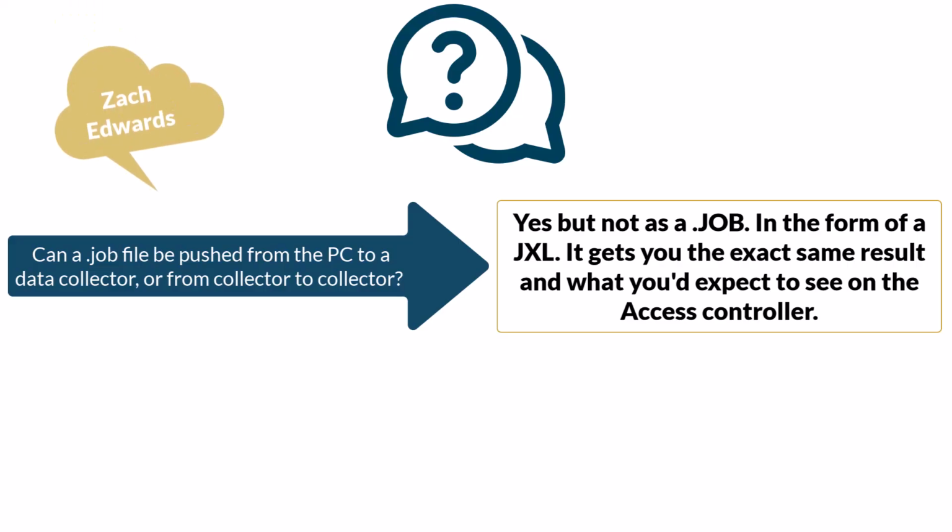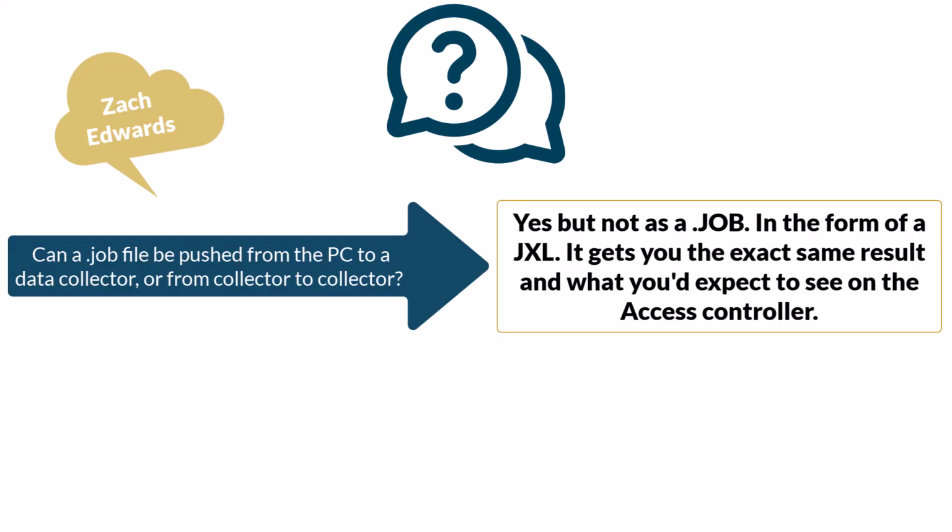Yeah, that is correct. And just to expand on that, I was working with a customer yesterday on this, and it's just kind of in your mind understanding that a .job, which is what Trimble Access uses, is for going from Access to TBC or Access to Connect.